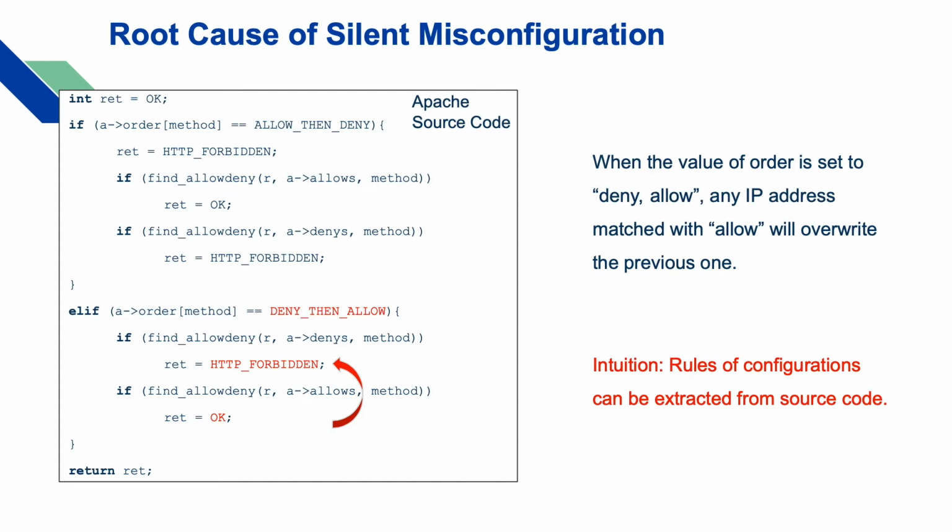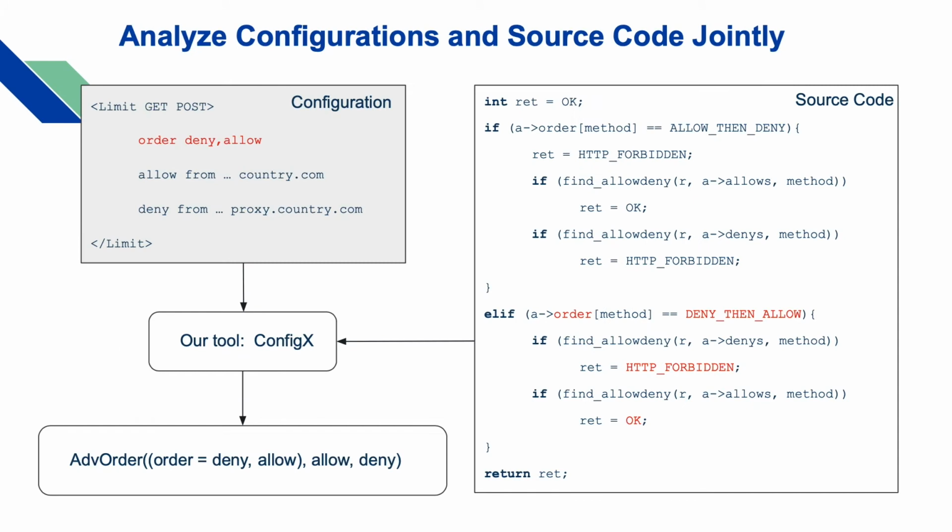From this intuition, we were motivated to design this tool, ConfigX, which uses static analysis to derive the specifications of configurations. What I want to especially point out is that if you only take a look at configurations, you basically don't know what's going on here.